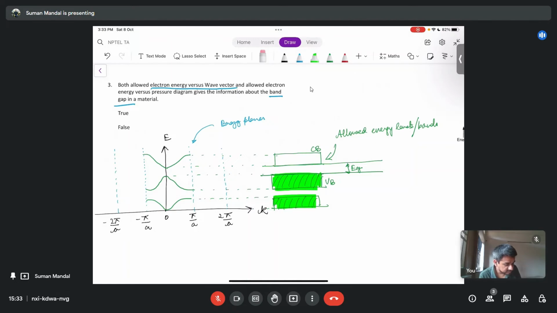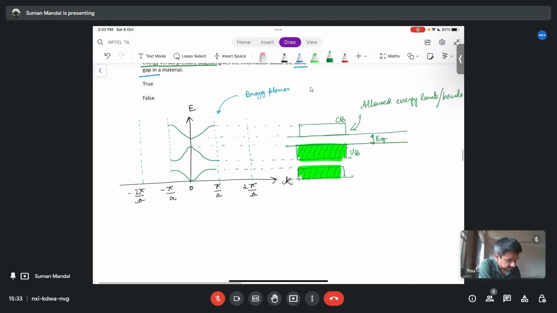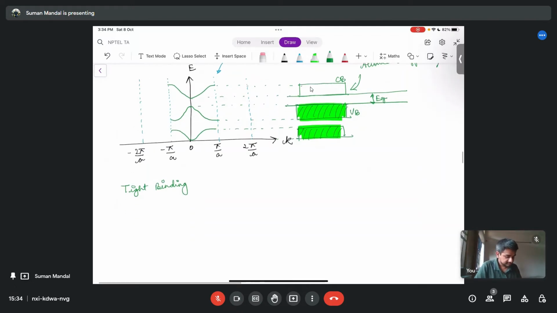And second, we discuss electron energy versus pressure diagram. So there is something called the tight binding model or approximation.